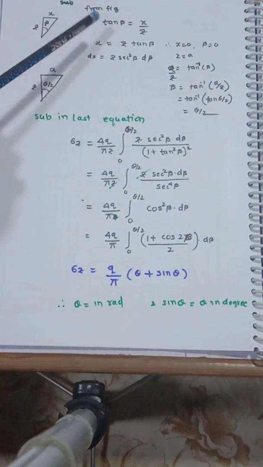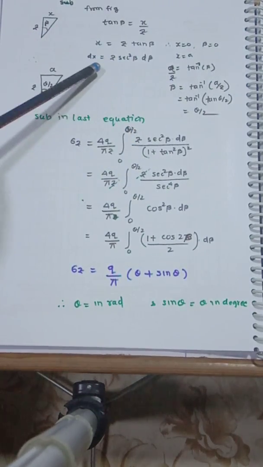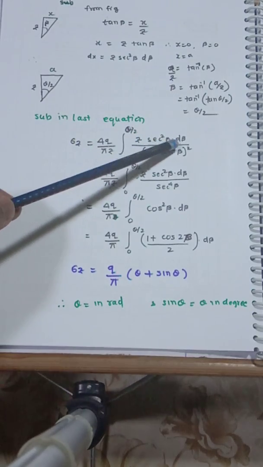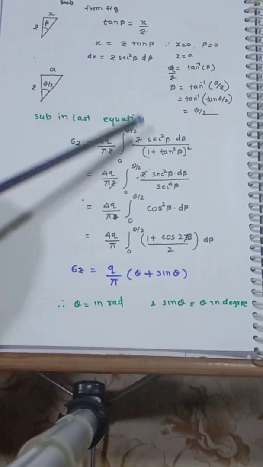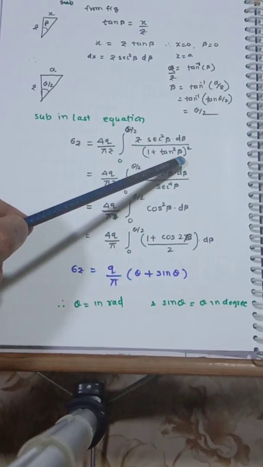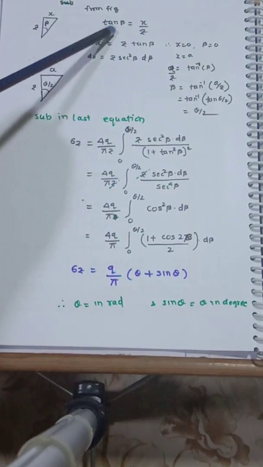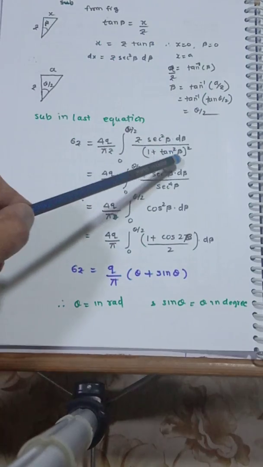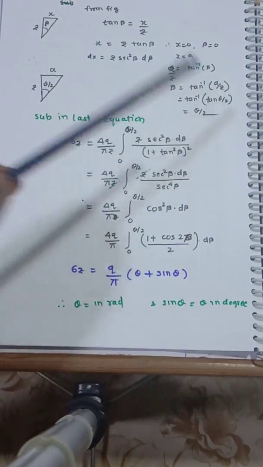Okay, and now substituting dx is nothing but z sec square beta d beta. Okay, and substituting the 1 plus tan square beta, that is x by z, which was tan beta, and its whole square.